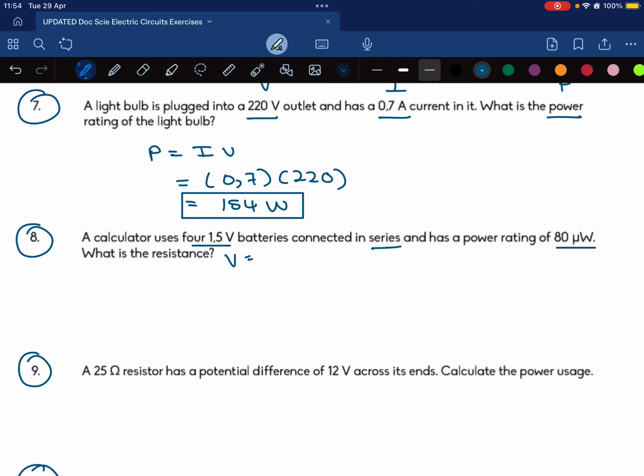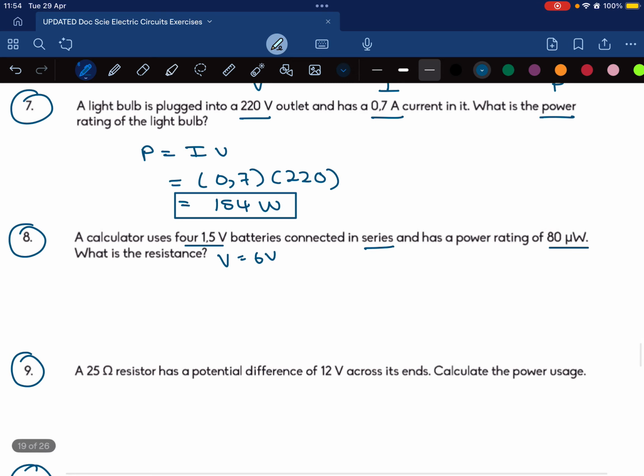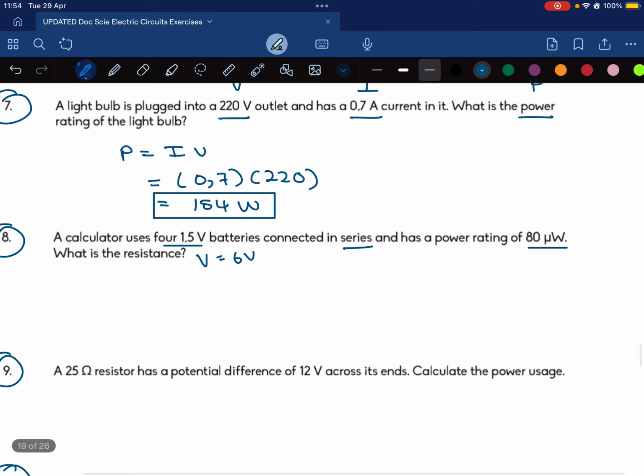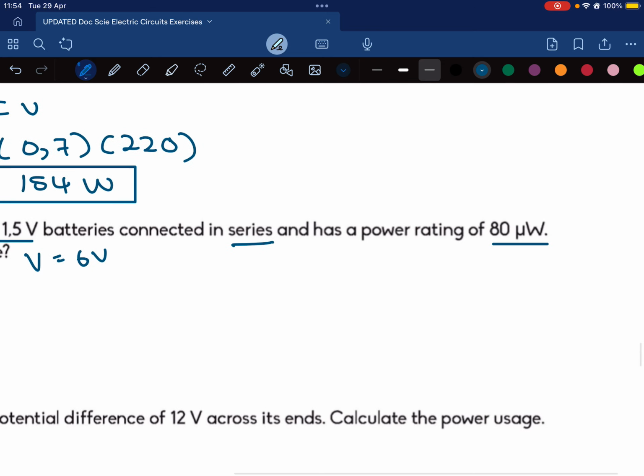If there's 4 batteries and each one has 1.5 volts, then that's 6 volts. And we know that the power rating is 80 microwatts. Micro is one of the conversions that you have to know. Micro would be times 10 to the negative 6. So this would be 80 times 10 to the negative 6 watts.